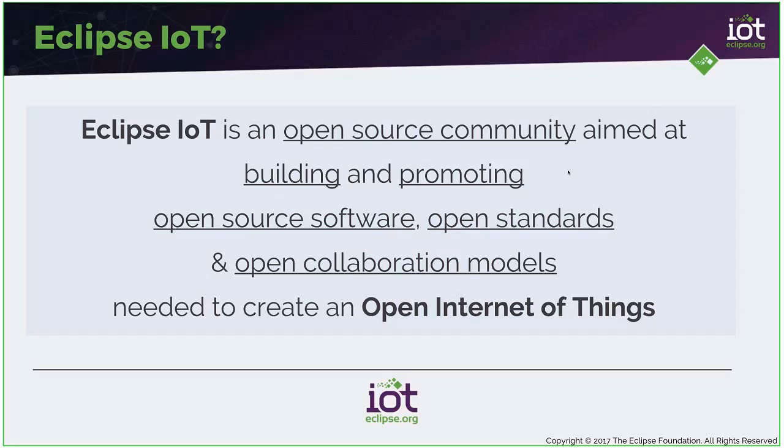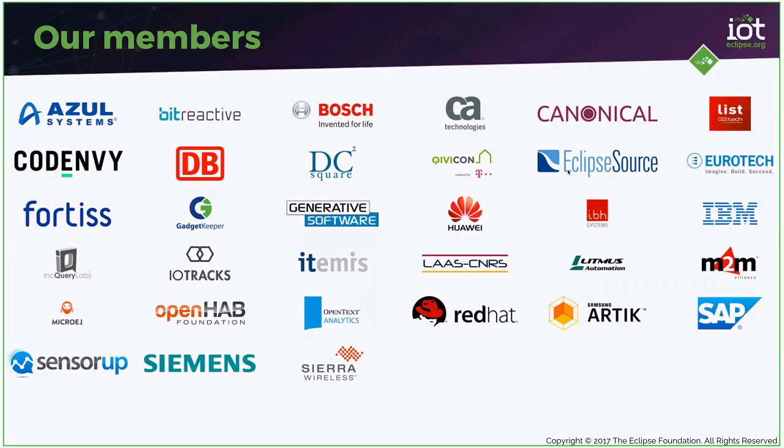We are essentially an open source community that not only provides the collaboration model for people to build the software, and we have something like 30 different open source projects for IoT, but also the place where people can collaborate not only on the software itself, but on the use cases, etc. So that's our membership. Like I said, we are a community.